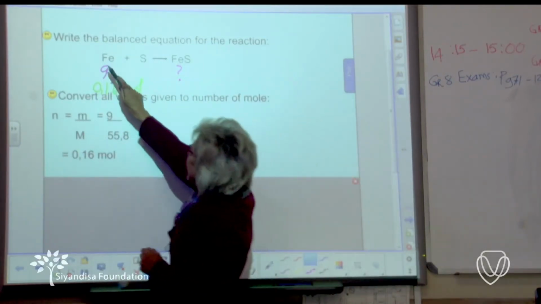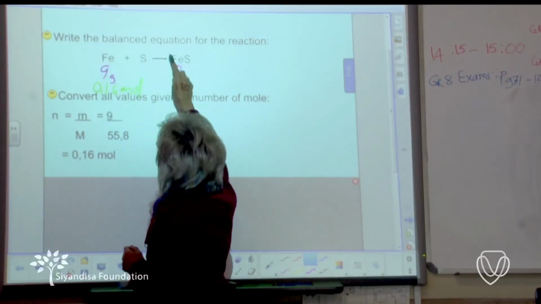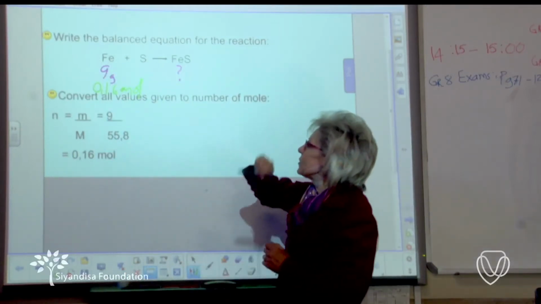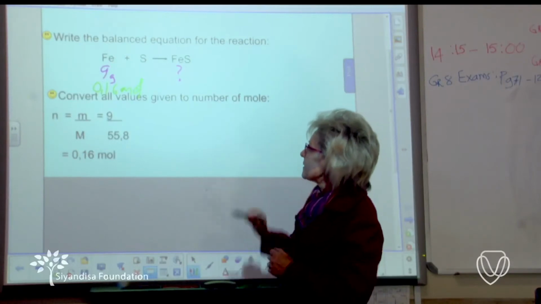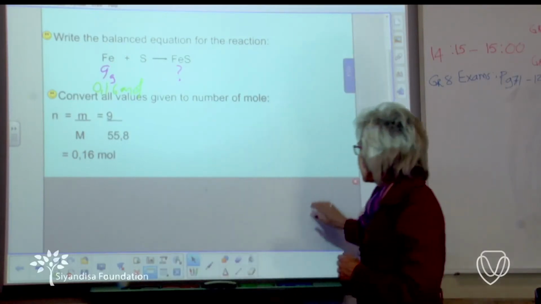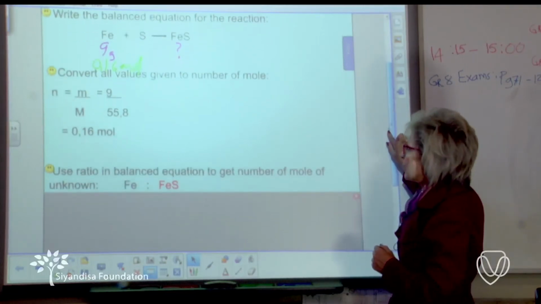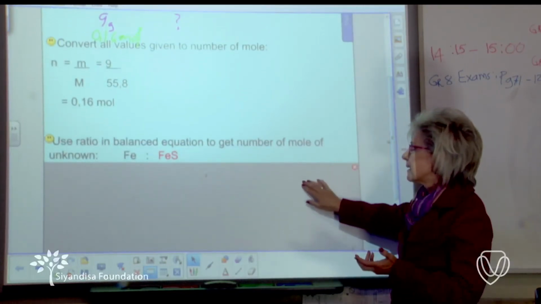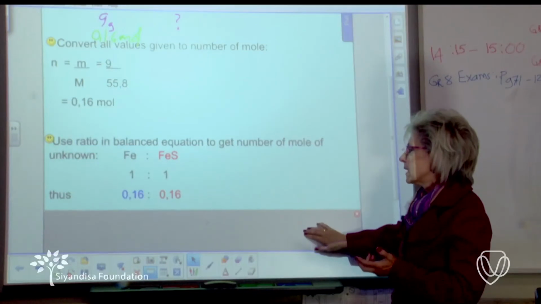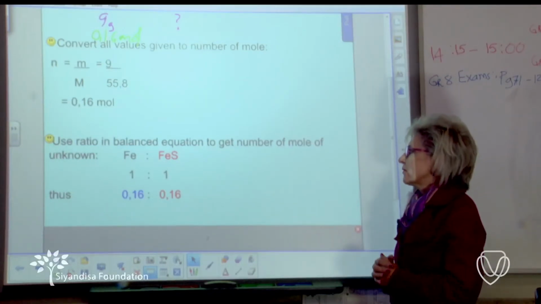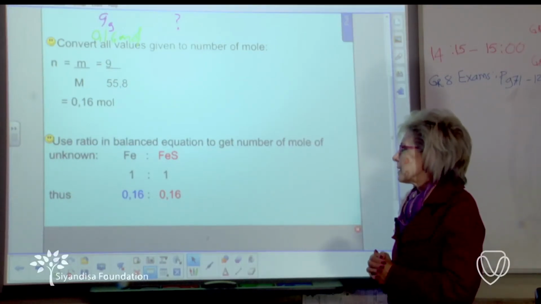And because in my balanced equation the ratio is 1 to 1, it's easy then to understand that the FeS must also be 0,16 mole. At this point, still a very elementary calculation, but if you understand it here, then in more complicated ones, it also makes sense. So we've got 0,16 mole of iron sulfide.